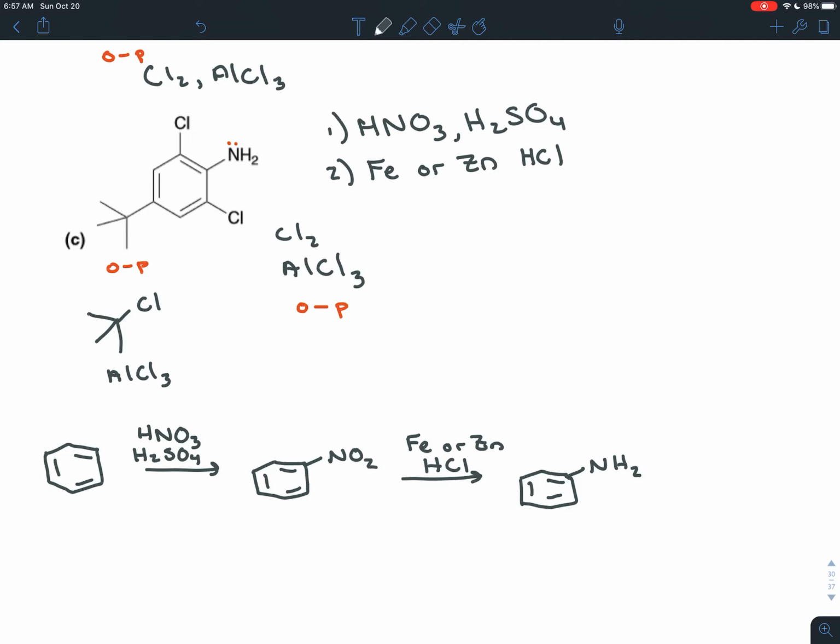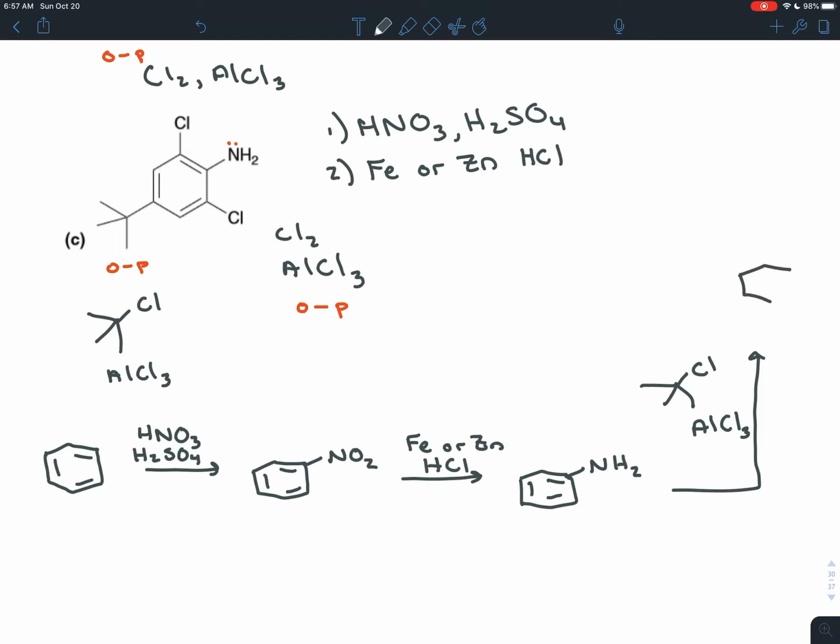Now you can do this in several ways, but I think the most efficient way is to add the tert-butyl group first, to do the Friedel-Crafts alkylation. The tert-butyl group is famous for being really bulky. It's really crowded.